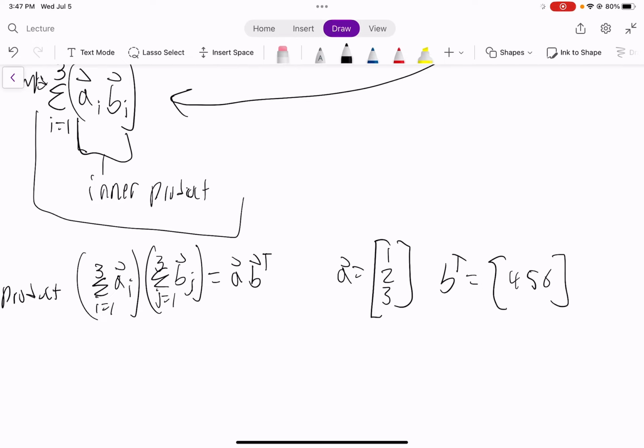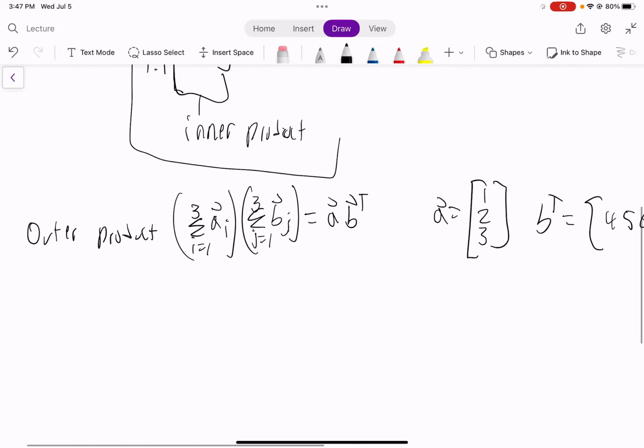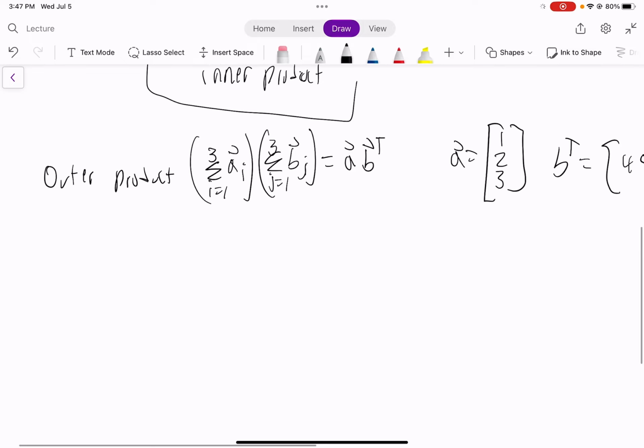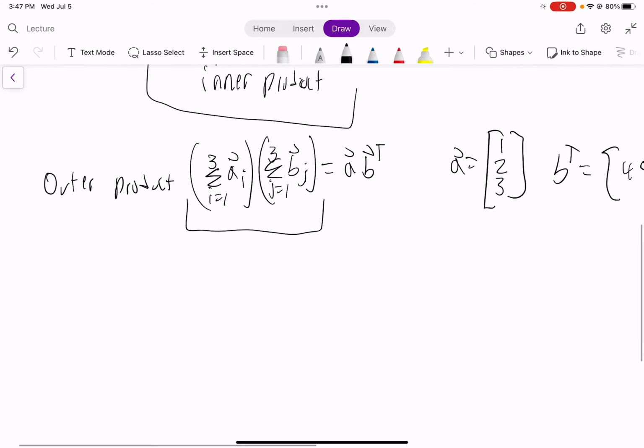Now, what does this equal? This equals a matrix. We all know the outer product makes a matrix, but if you think about it in the summation terms, we have two summations. We can combine them like so. AI Bj.